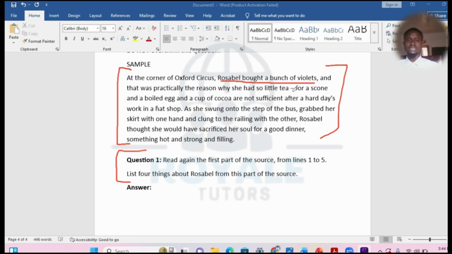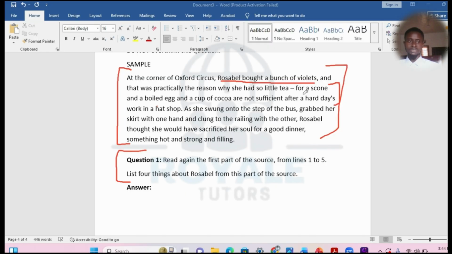So we have a dash here. This dash is introducing additional information, like extra information, for a scone and a boiled egg and a cup of cacao, and not sufficient after a hard day's work in a hat shop. Now, you see this part, we have a lot of things that's been said about Rosabel, and we can get all the 4 points from this place.